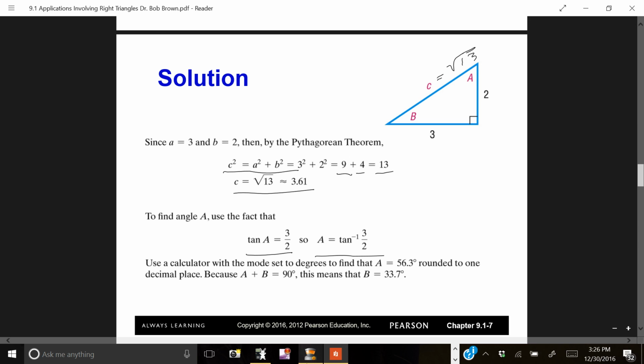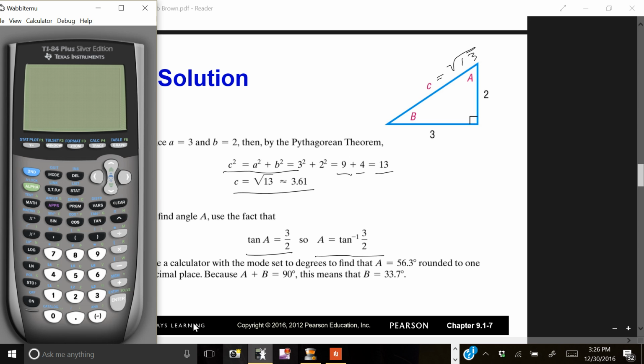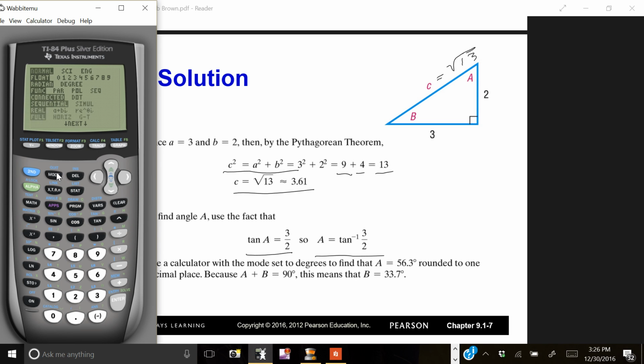Now, we're going to show you how to do this very quickly. First, since we're working in degrees, we need to be sure that we are in the degree mode. In this particular case, we had worked a problem in the radian mode, so we put it back into the degree mode. And then calculate inverse tangent of 3/2.